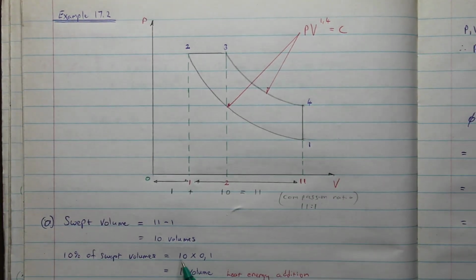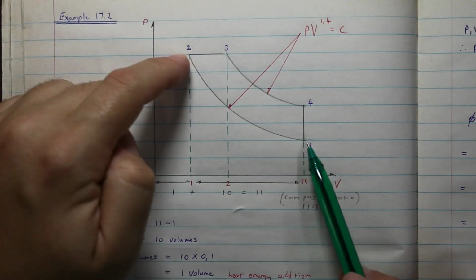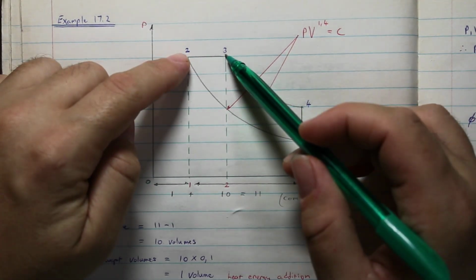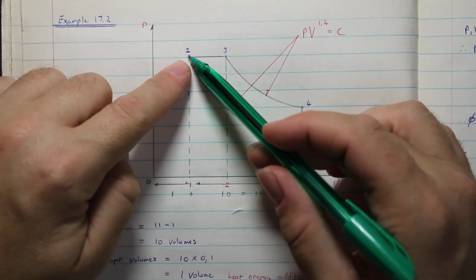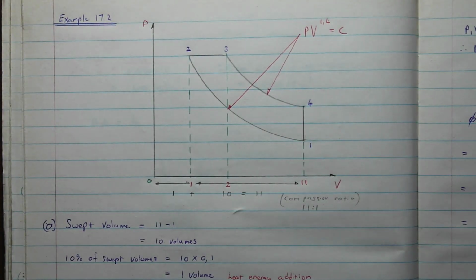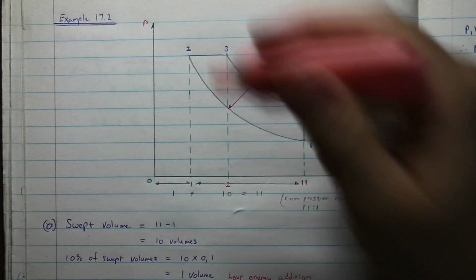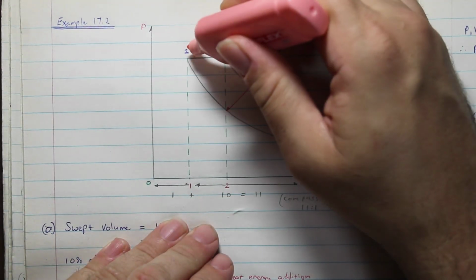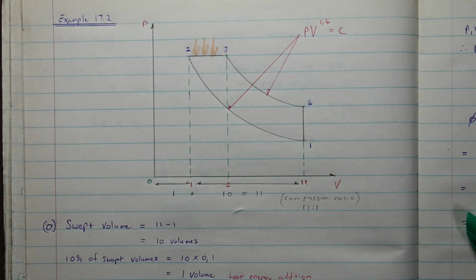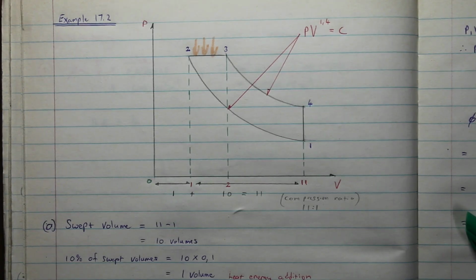Like I wrote here, 10 volumes times 10% gives you the volume from 0.2 to 0.3, and that's where the constant pressure heat addition is. I'll draw my arrows to show that my heat is being added there. Now we got that done.